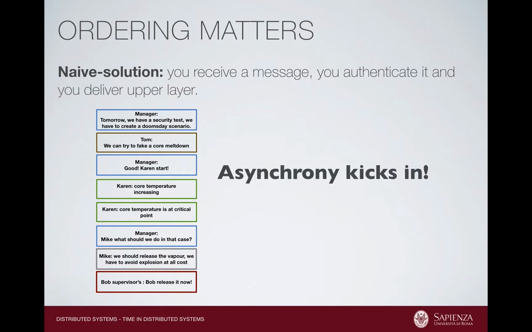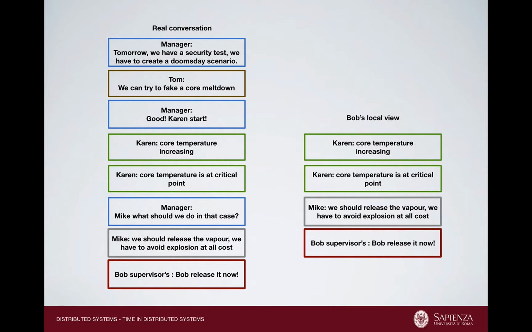The problem is that asynchrony kicks in, and this order of messages is not the same for all the participants in the group if you just deliver messages by delivering whatever you receive. Bob's local view can be this one. Bob receives just the messages of Karen, then the messages of Mike and of his supervisor. Bob is totally oblivious of the things that the manager said.